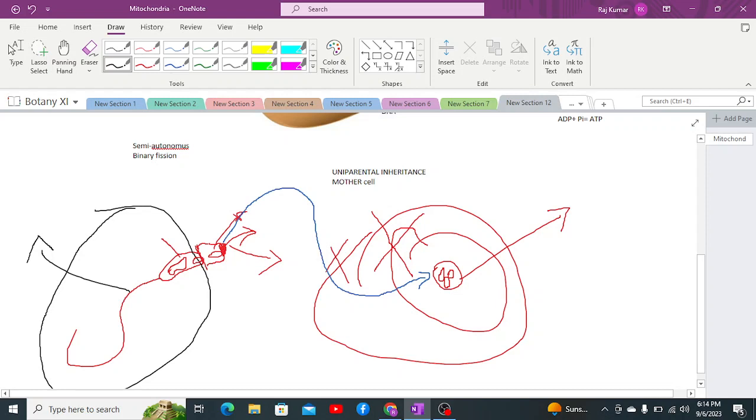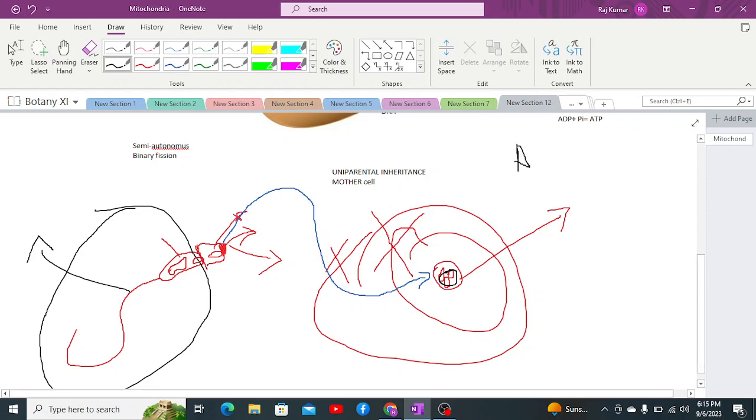Only the head part is fused, so the mitochondria are not inherited from the paternal side, but from the maternal side. Even though the ovum contains mitochondria, the sperm head does not. When they fuse together, there is uniparental inheritance.